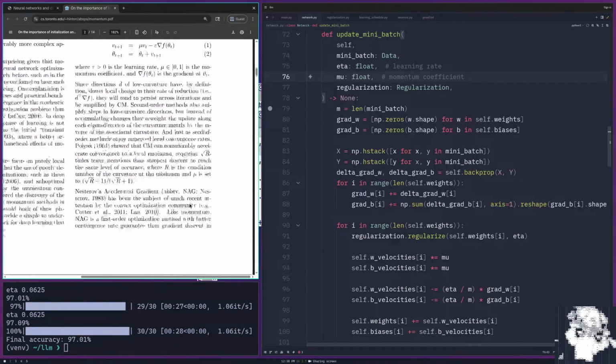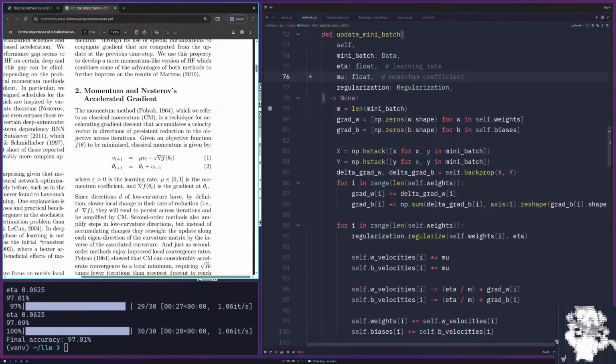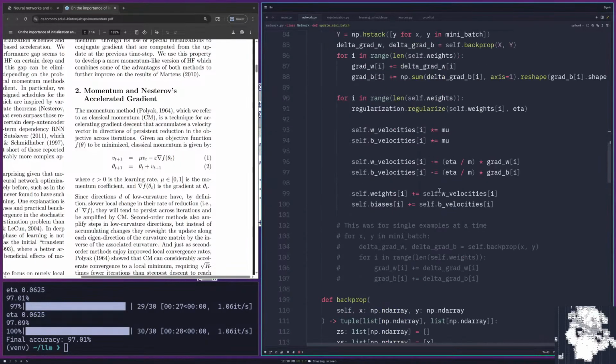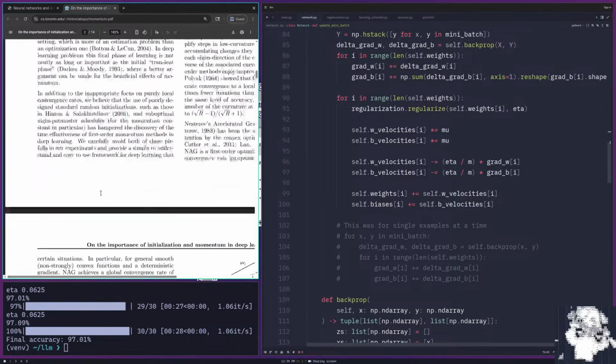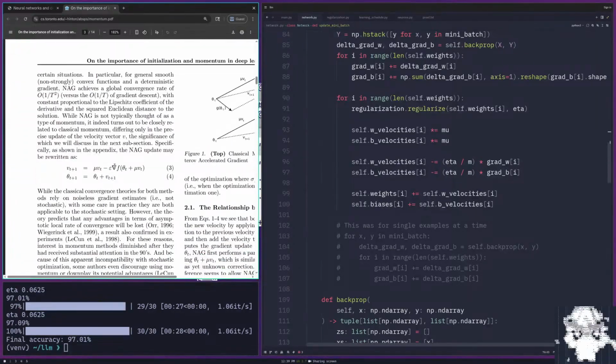Was the F in the previous one? Oh, it was. F of theta. Oh, given a function to be minimized. Okay, so what's our equivalent of that? Well, we had, I think this is learning rate, eta. And then I guess F of theta is grad of W. But then here they're saying do F of something else. And I don't know how to do that.